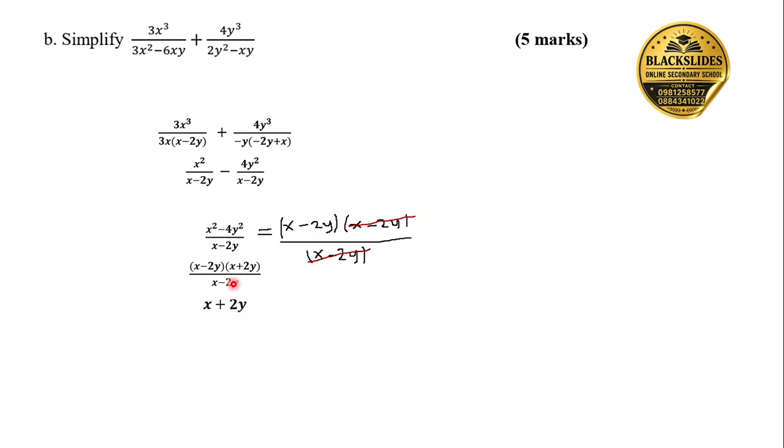I mean x plus 2y. I think I need to correct this one here. This should be a positive sign. It's the difference of two squares, so one bracket is negative, the other one is positive.